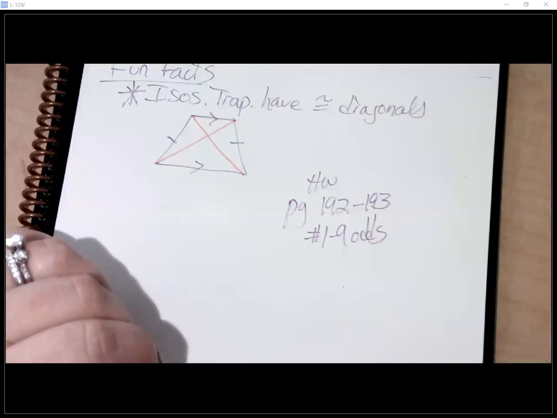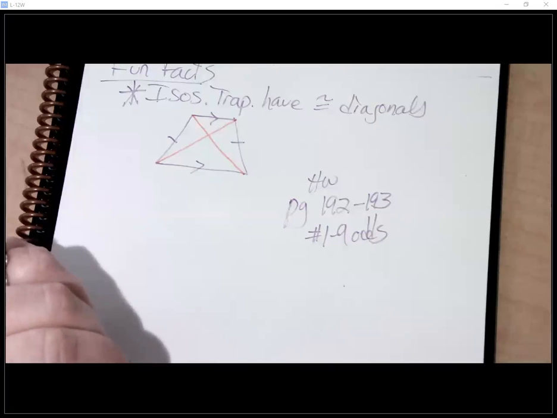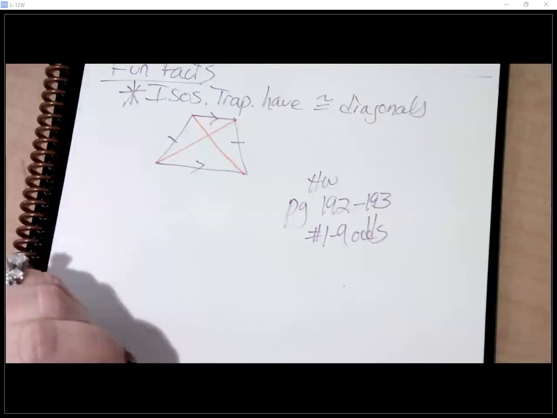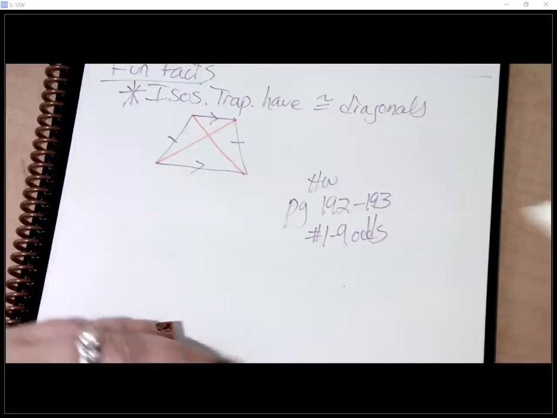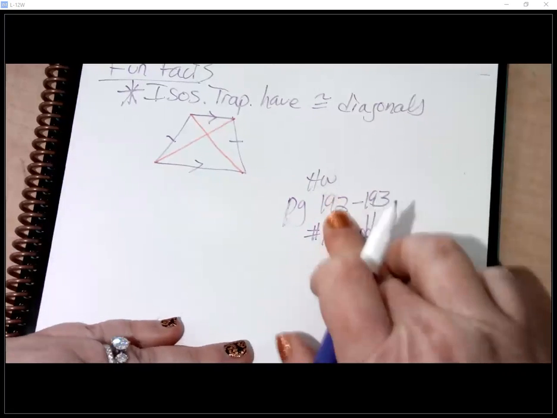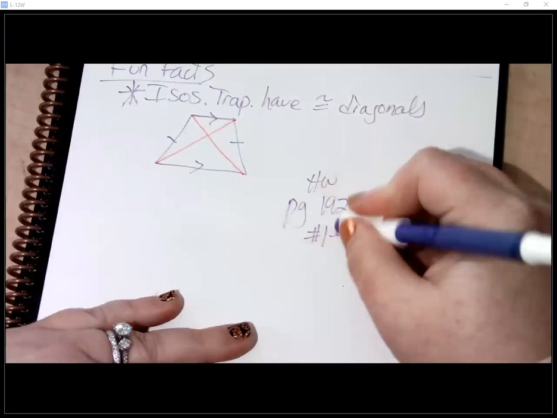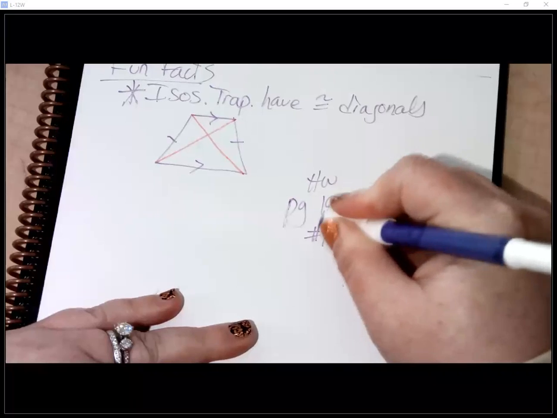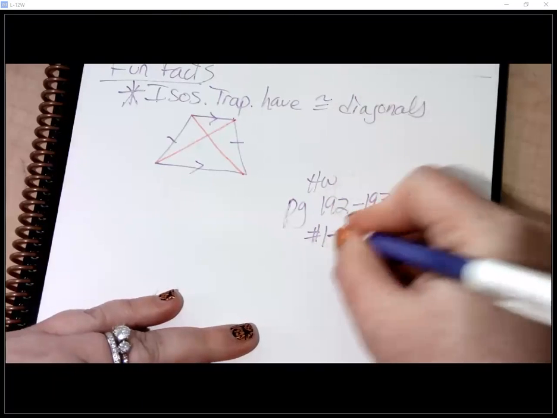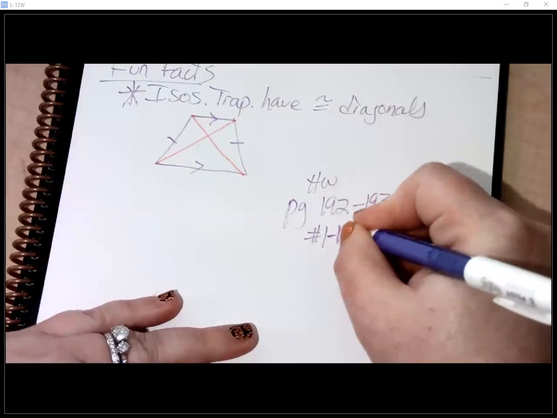Sorry, I'm deciding which ones I like and which ones I don't. How about 11? Let's just keep going with odds through 19. So change that from 1 to 9, let's make it 1 to 19. We'll just do the odds. That should be fun.